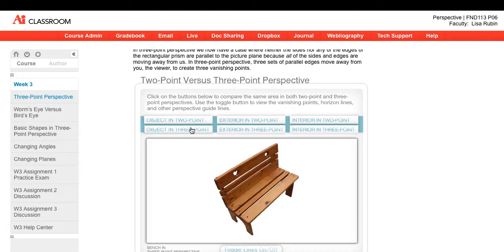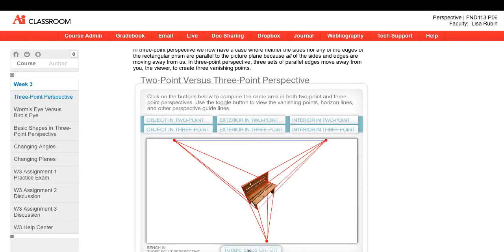Okay, so it's going to be as if we're looking above or below something. This one is called a bird's eye view because it's as if we are looking down like a bird would be at this bench, and the vanishing point is below the object.